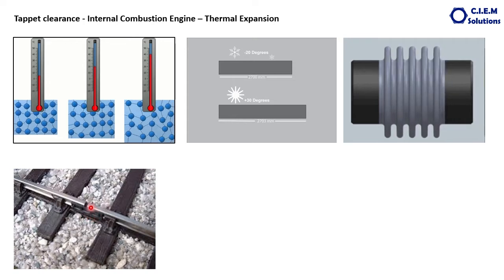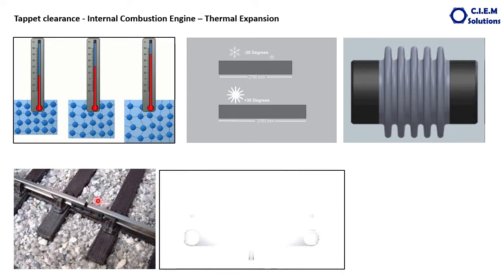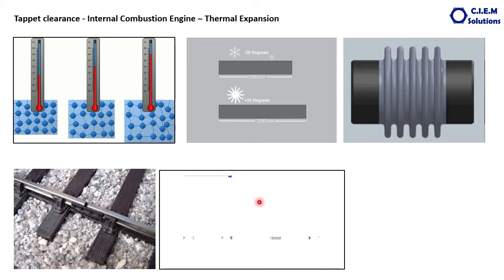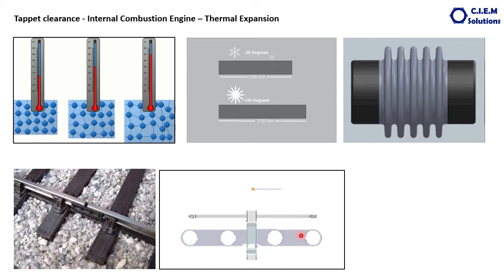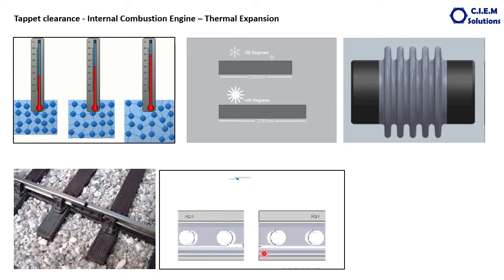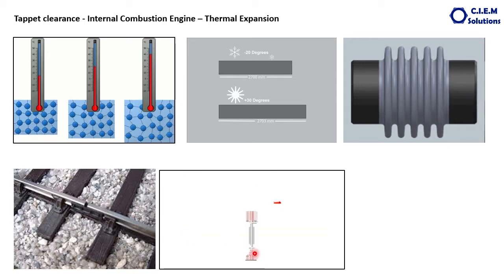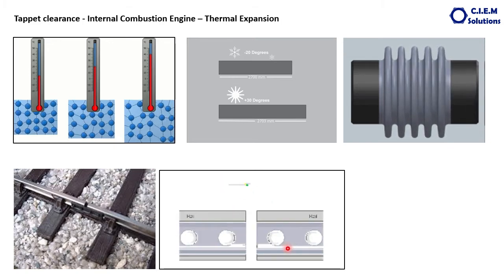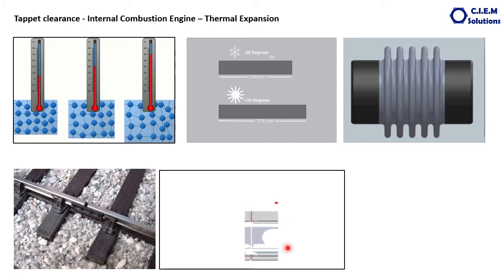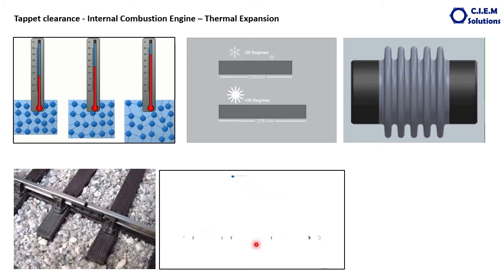Why is this gap provided? Let us see. When the temperature is increasing, the rails expand and the gap is reduced. Again, when the temperature is decreasing, the rails contract and the gap is increasing.